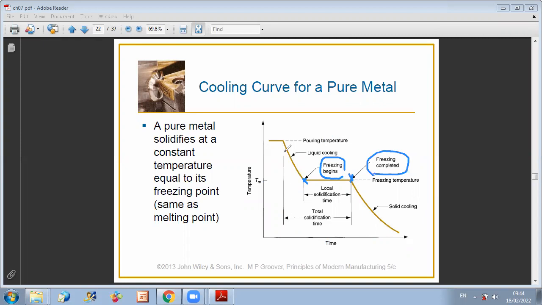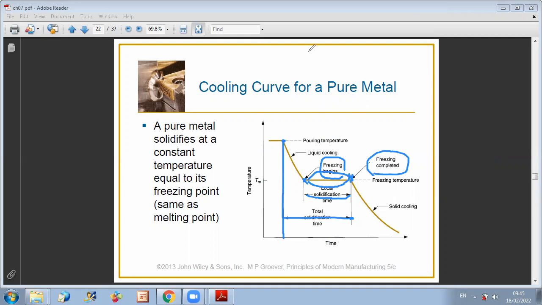Total solidification time starts from the instant you pour your metal, until you obtain 100% solid. The local solidification time is the time needed to have the change of phase. So this is for the terminology.